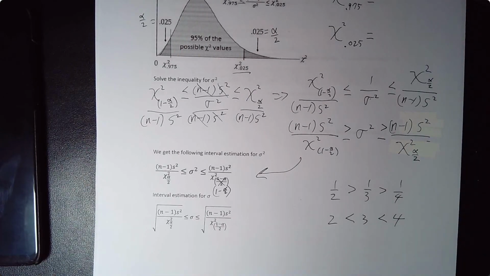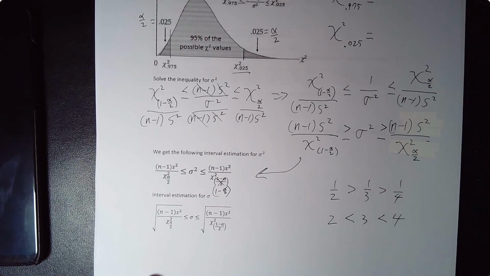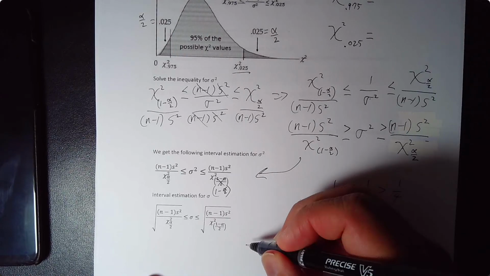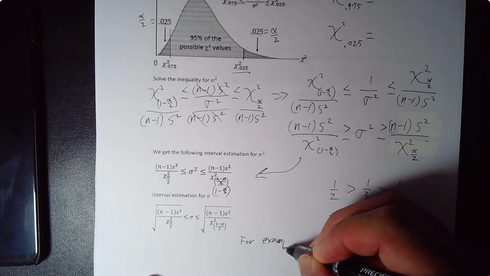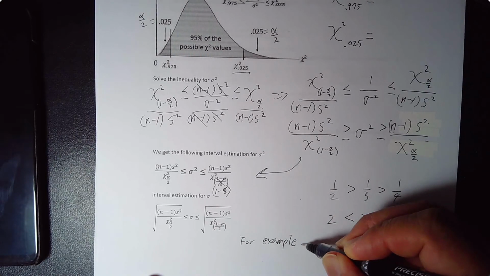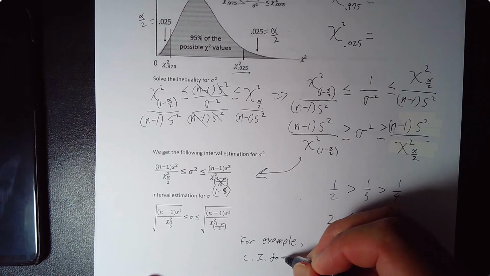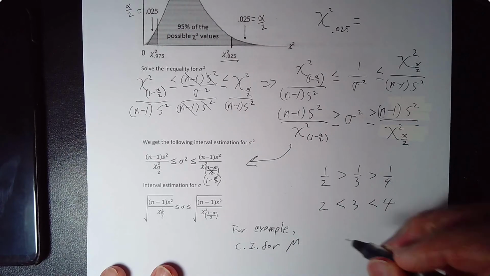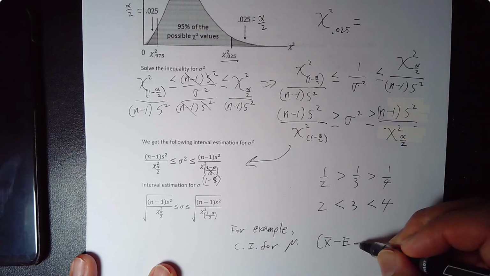So this is a confidence interval. By comparison, this is something that we're familiar with, for example, a confidence interval for mu. Remember how we calculated that? We got x bar minus e and x bar plus e.